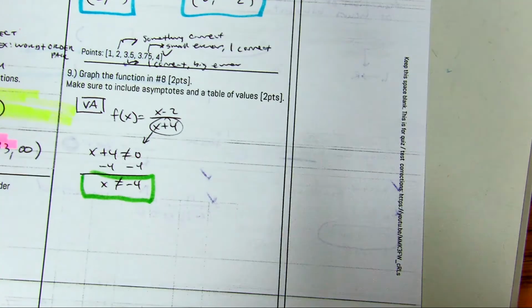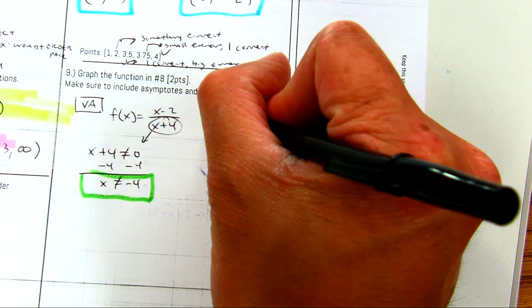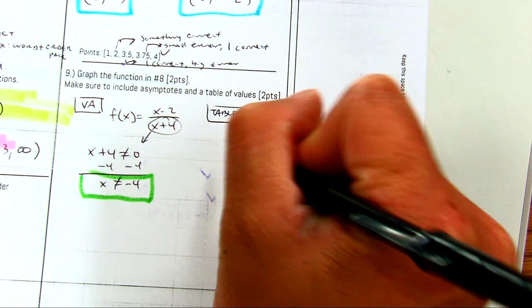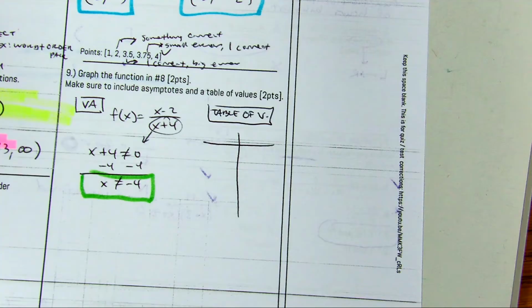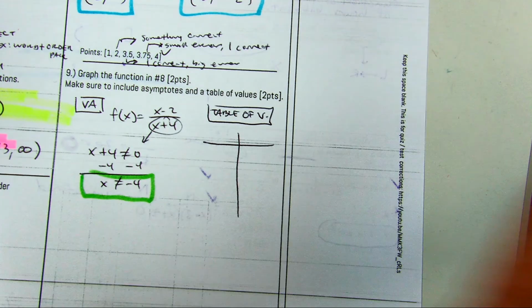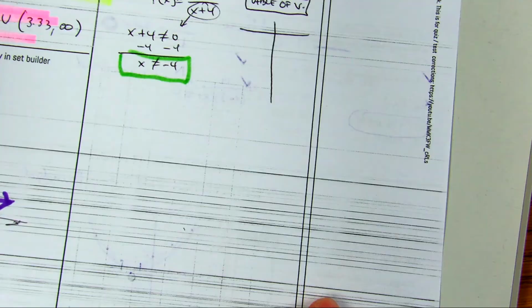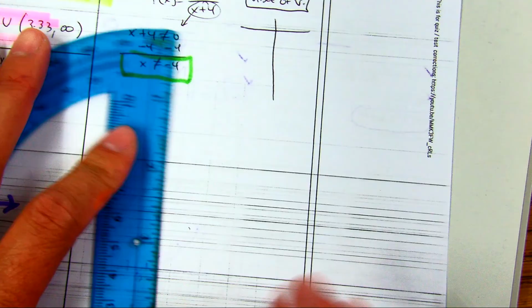Table of values. If you give yourself a visual, this was supposed to be graph paper down here. Didn't turn out so well. Apologize for that. Let's just use this number here.